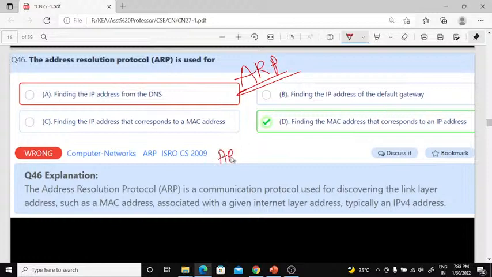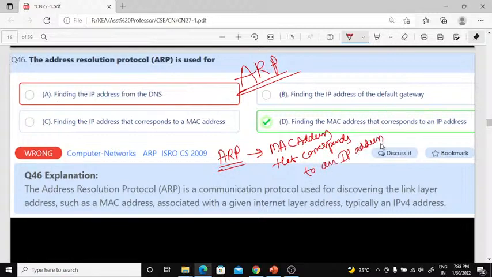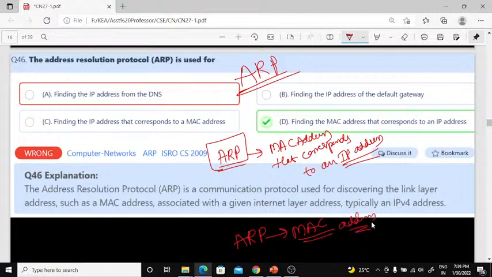That is ARP, the protocol that finds the MAC address that corresponds to the IP address.